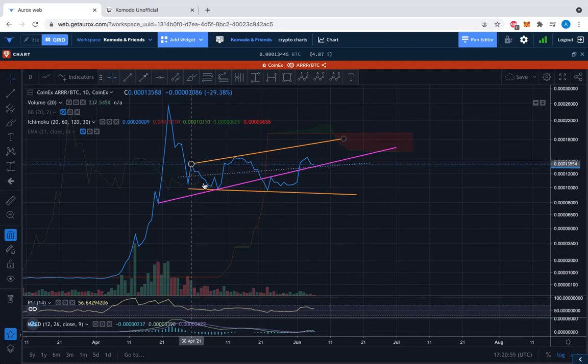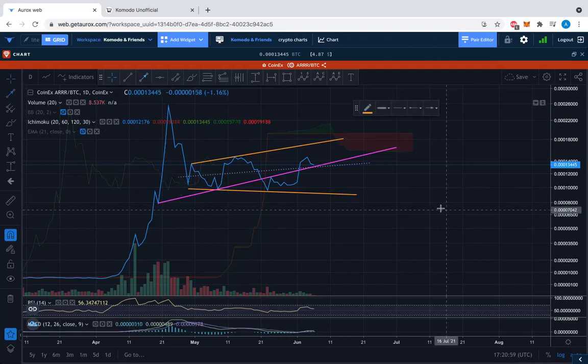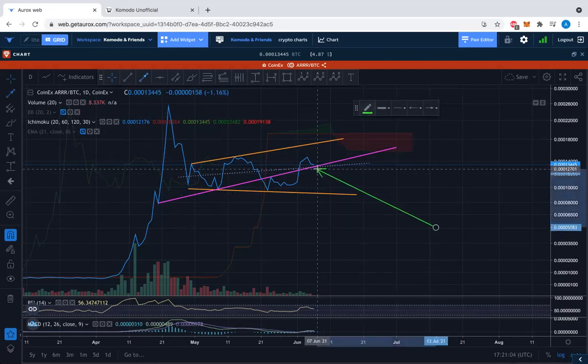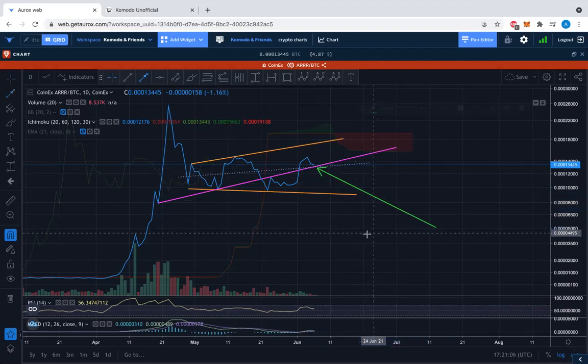Relevant or not, my point here is that it's at this area which actually confluences with the pink regression line. When things tend to confluence and coalesce around each other, there's gravity in that.